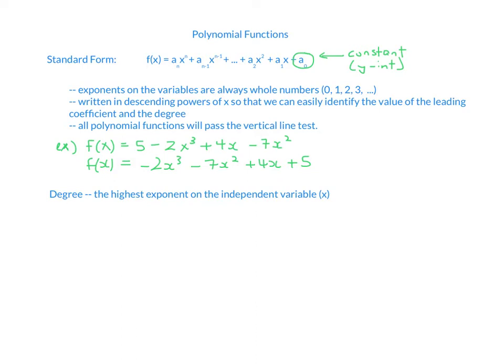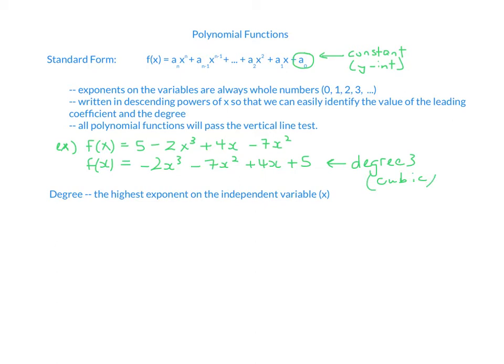So the function I just drew above here in green, that is a cubic function. It has a degree 3, so it is a cubic function. So this is degree 3. It's cubic. And if we have degree 4, it's called a quartic function.